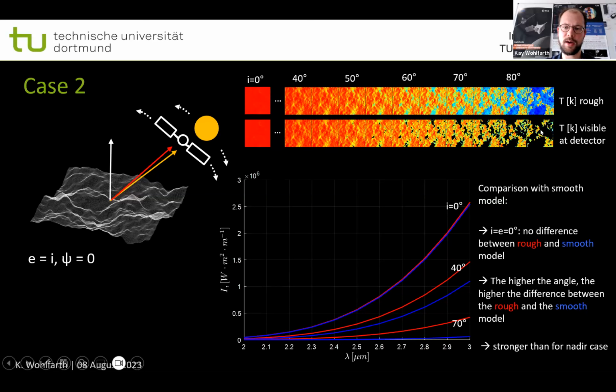And in this map, I set every pixel to black that cannot be seen by the detector under this configuration.